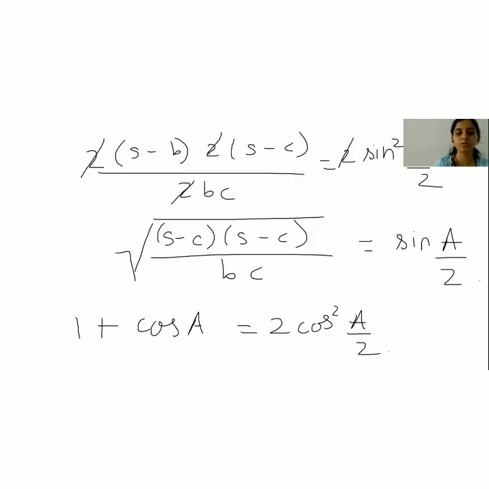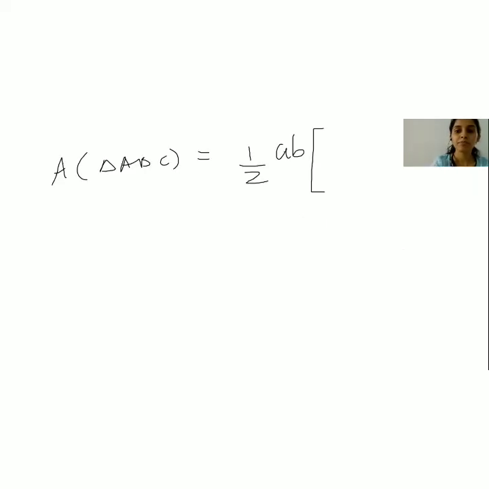Remember, when you write A by 2, in the answer there is no A. There are the other two values, S minus B and S minus C upon BC. So sine C by 2 will be the square root of S minus A, S minus B upon AB.